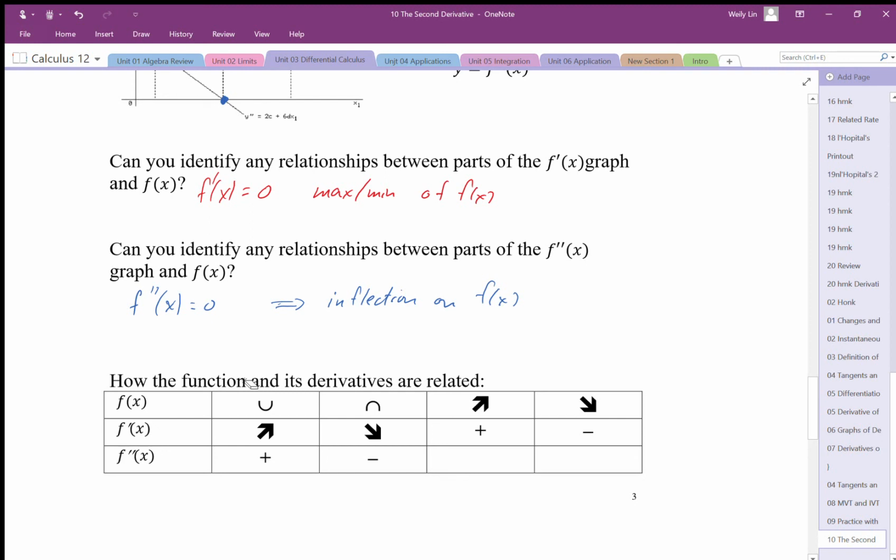So the derivative is going less negative, more positive, more positive, more positive. So the slope of my derivative graph is going to be going up. The change of the change is increasing. So it's becoming more and more positive slope. Okay, and that indicates a positive second derivative.